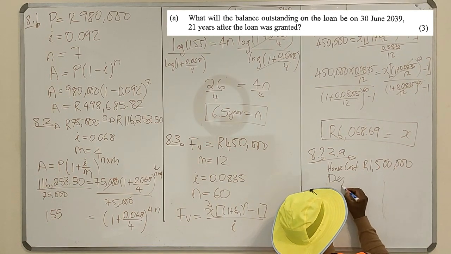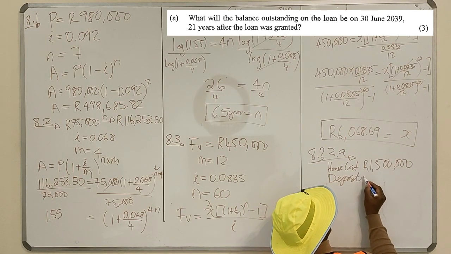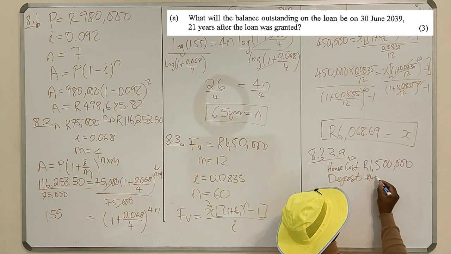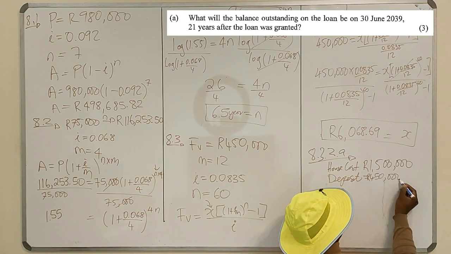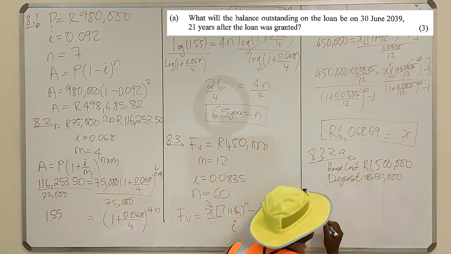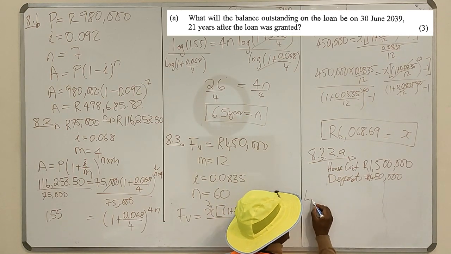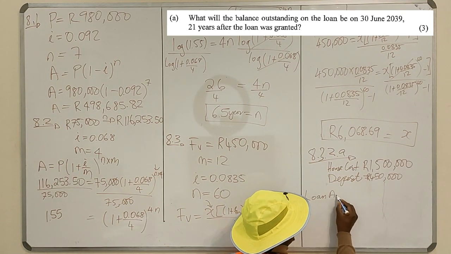His deposit is 450,000. So what is the loan amount?